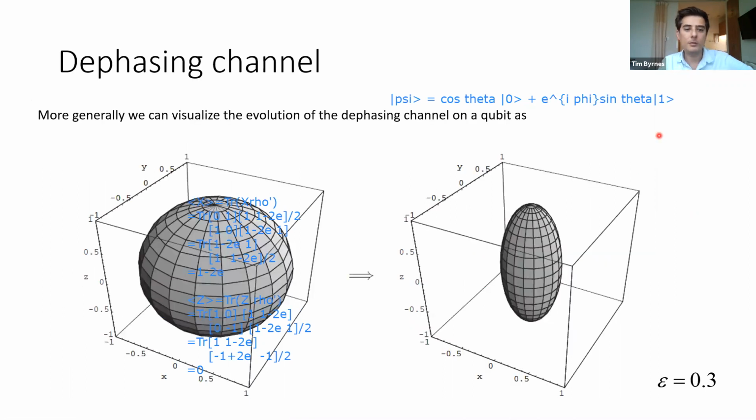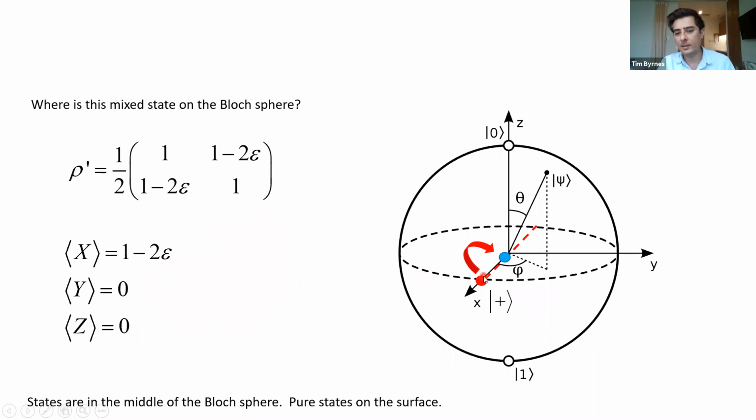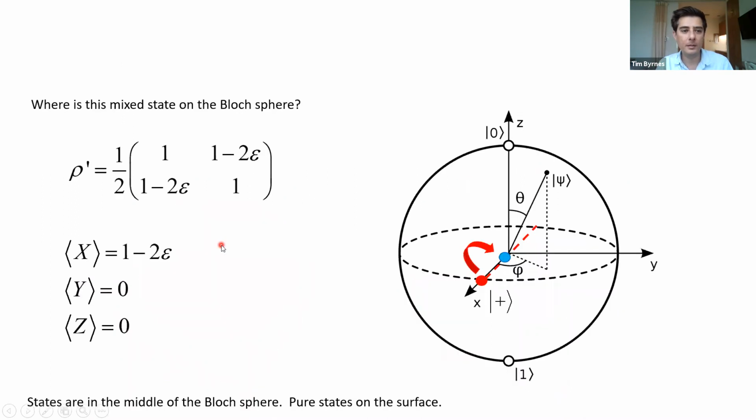Right. Yeah. So this is the picture that the textbook Nielsen and Chuang has, so I just copied the same thing. But what we just talked about was an example where this plus state turns into something here. More generally, of course, we can visualize what happens to a general state, say you start with a pure state and then apply this dephasing channel.